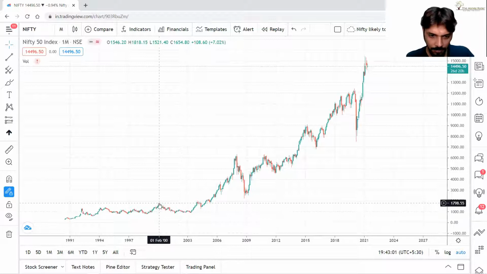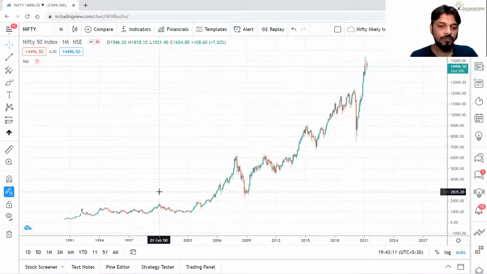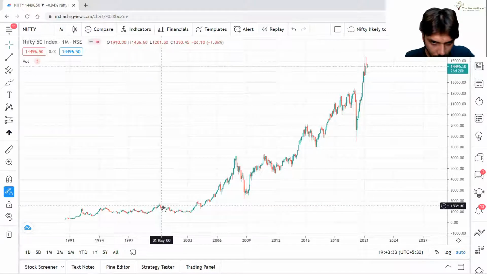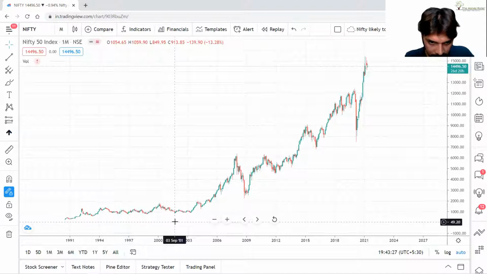This is on 1st of Feb 2000. What is the price? Let's check the data over here. On 1st Feb 2000, open was 1546, close was 1654. Then there was a downtrend, and have a look at this. This is 3rd September 2001. What is the close? 913.